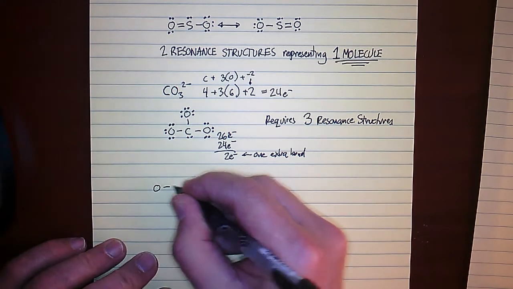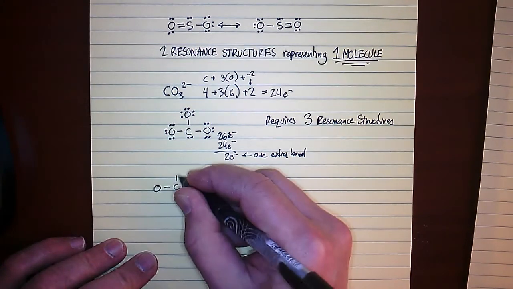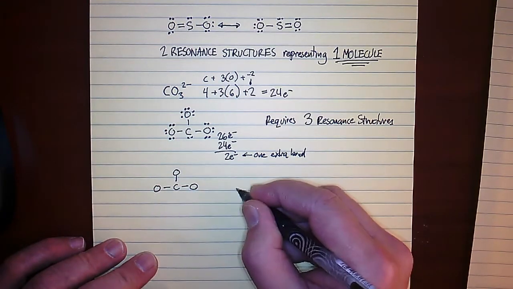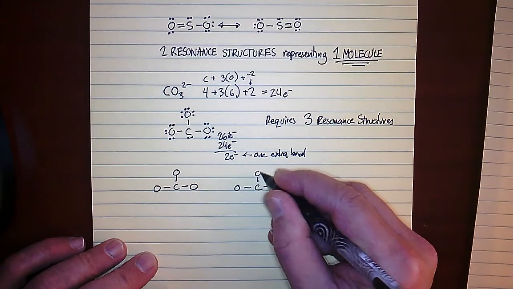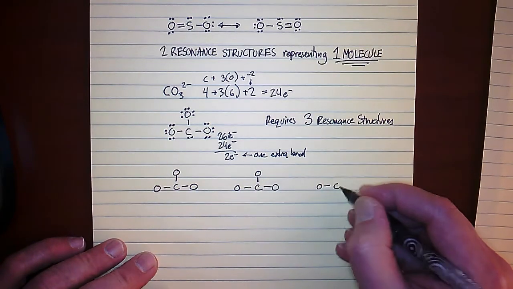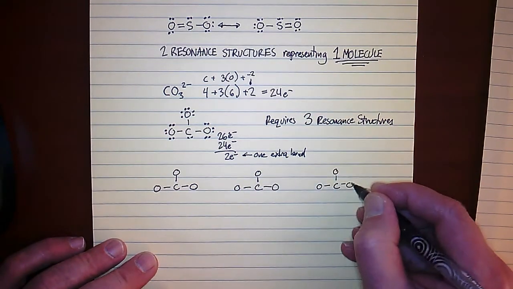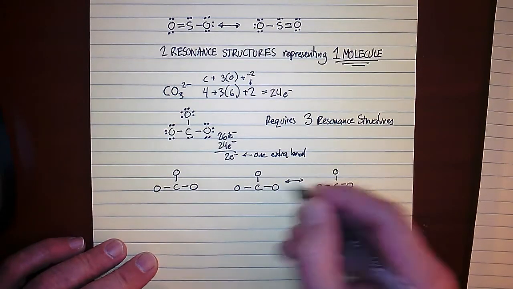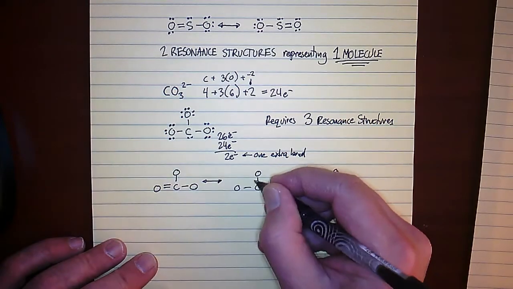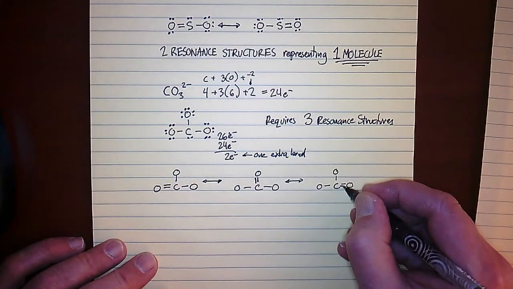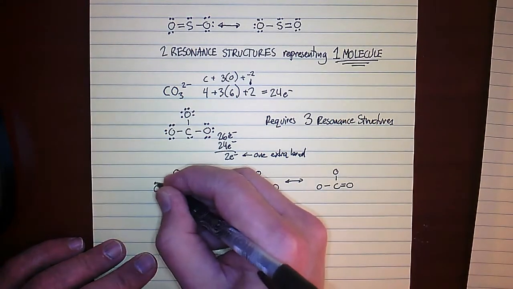So if I lay it out quickly, here's my oxygens in all 3 places. Draw my double-headed arrows, and I can simply put the double bond here, here, or here. Then I just simply fill in my dots.